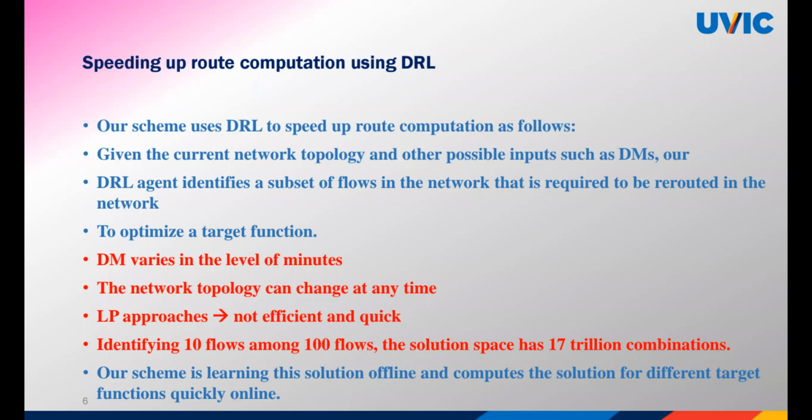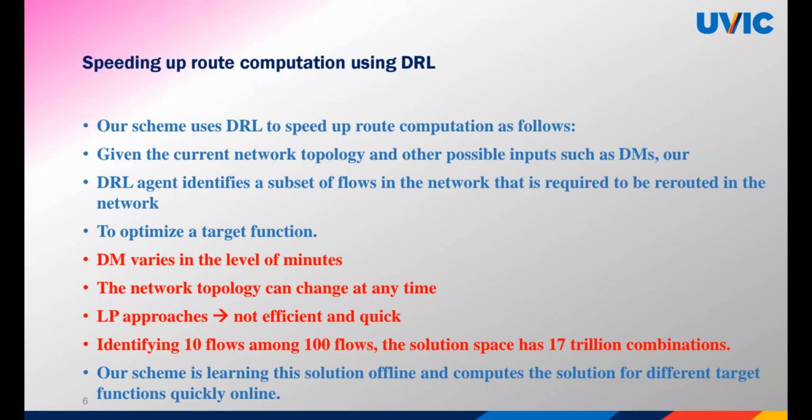And considering the fact that the demand matrix varies in the level of minutes and the network topology can change at any time, it's hard to quickly and efficiently identify this set of flows using linear programming approaches.